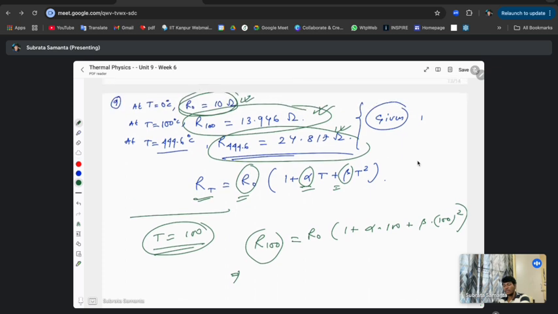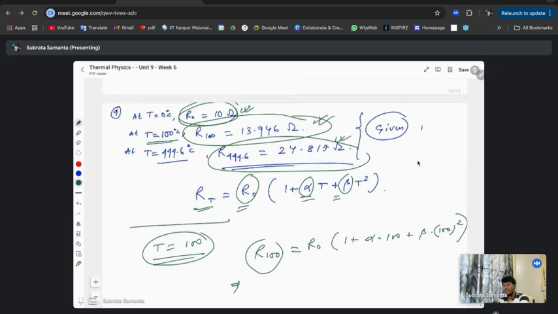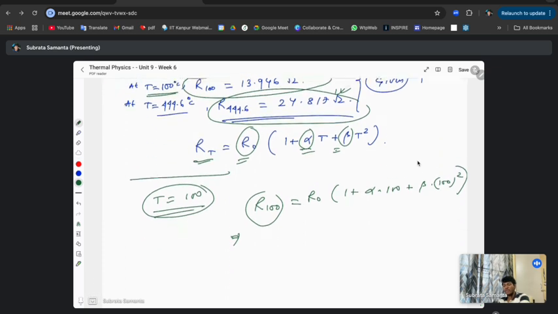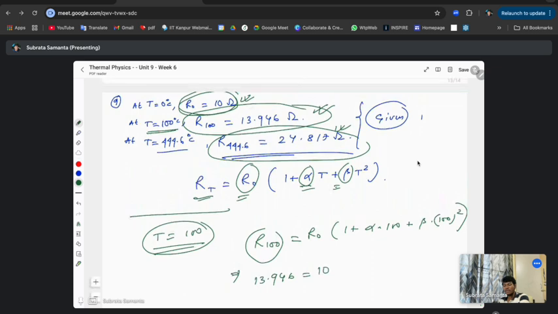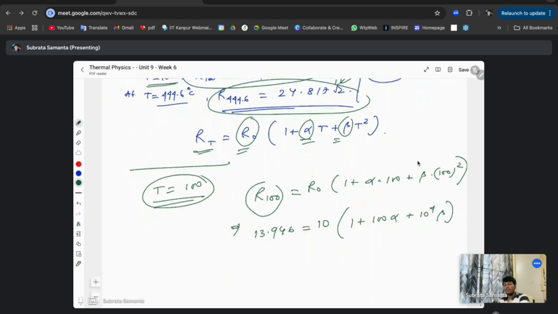R100 is already given, 13.946, and R0 is 10, so 13.946 equals 10 times (1 plus 100 alpha plus 10 to the power 4 beta).